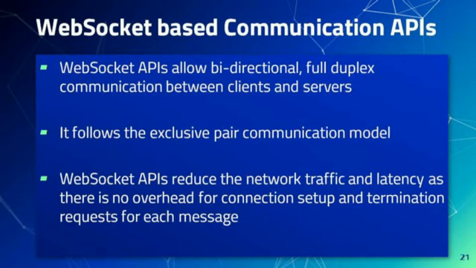WebSocket APIs reduce the network traffic and latency as there is no overhead for connection setup and termination requests for each message. So this is one of the successful communication APIs like REST API. It follows the exclusive pair communication model, which we have also seen in our previous slides. For every request there will be a reply.